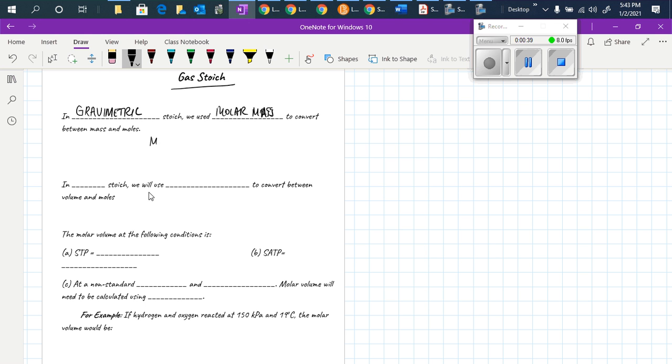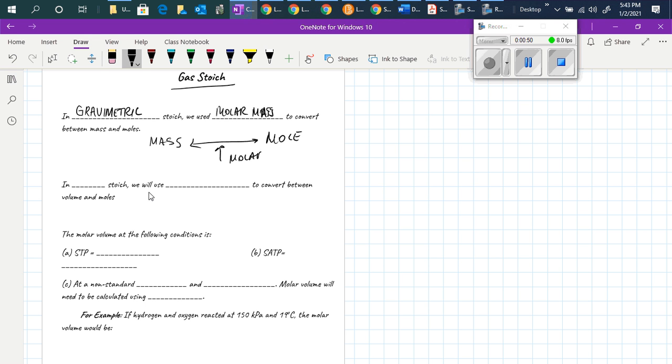So when we move from mass to moles or moles to mass, what we are using here is a molar mass.